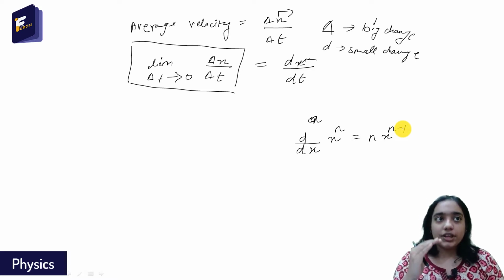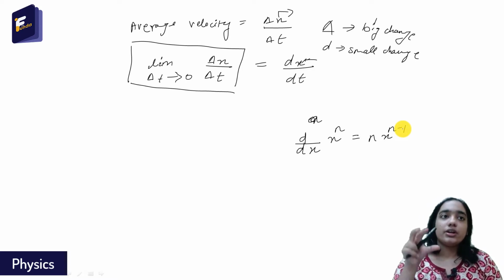When we differentiate, we always differentiate a function with respect to something. We write d by dx, meaning we are differentiating the function.